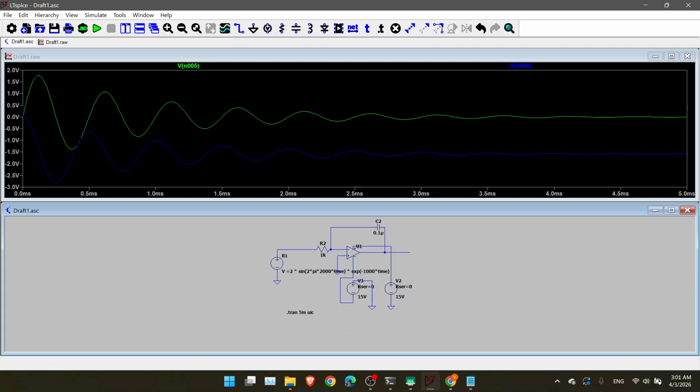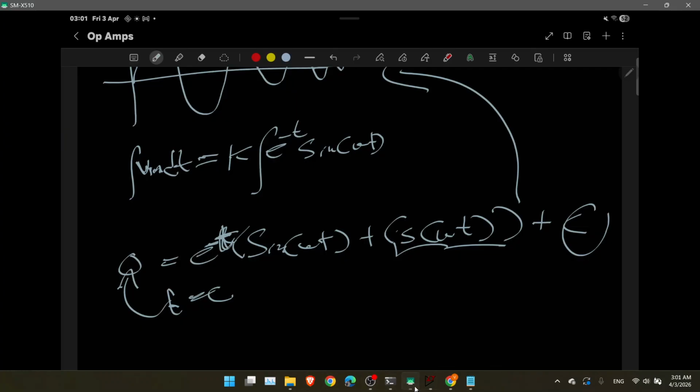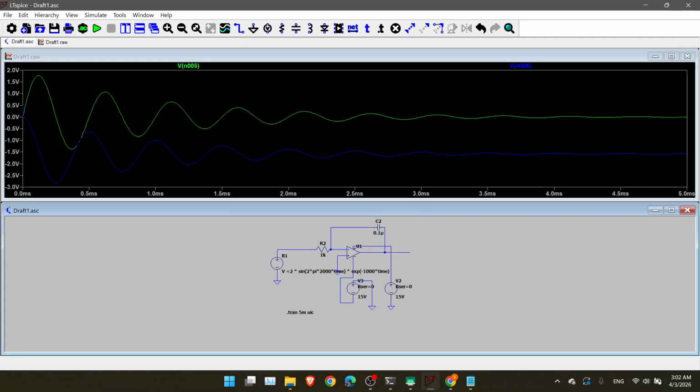By default I set the initial value of v out to be 0, so you can set t equal to 0 and make that equation equal to 0, and you can find this c in here. With that c, if you graph it, it should exactly look like this.